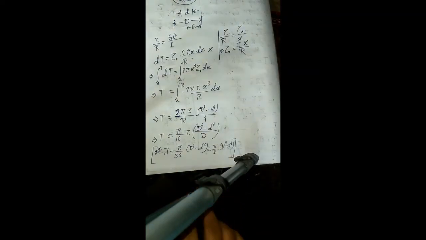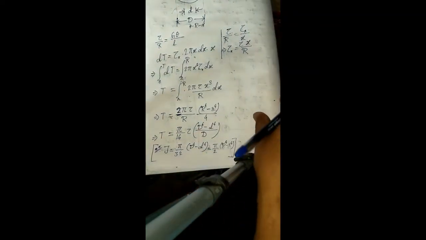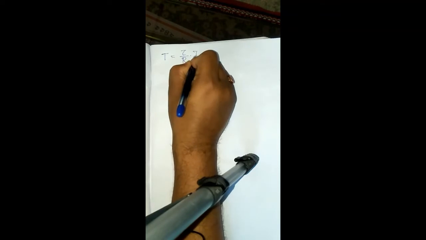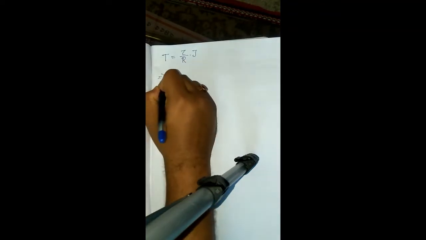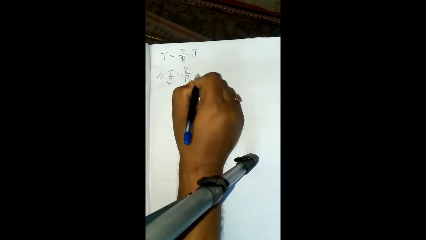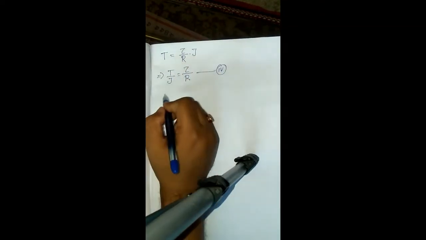Suppose this is equation 3. From equation 3 we can write T equals tau by R into J, that becomes T by J equals tau by R, equation 4.